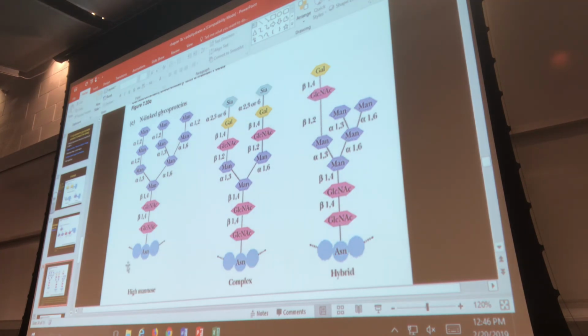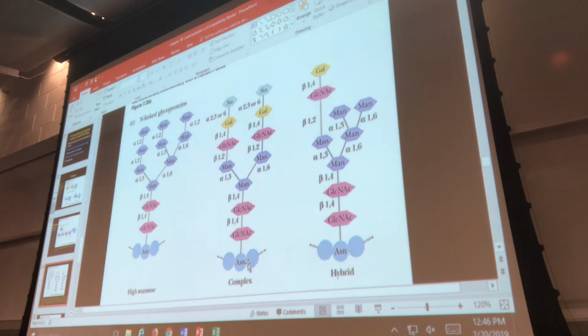The easiest one to identify is the high mannose glycoprotein. Why? Look at all the mannose. Done. Next one, complex glycoprotein. This next comparison between complex and hybrid is a little bit weird, and sometimes it's hard for people to see, so I'll try to break it down.